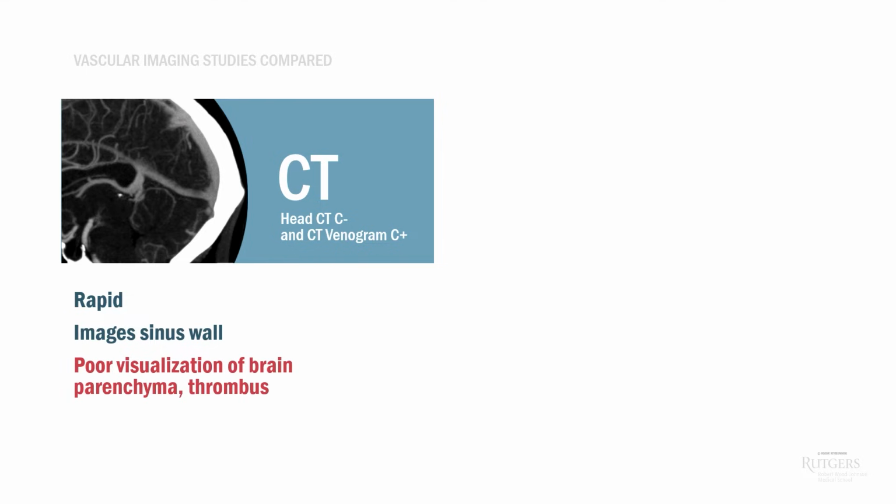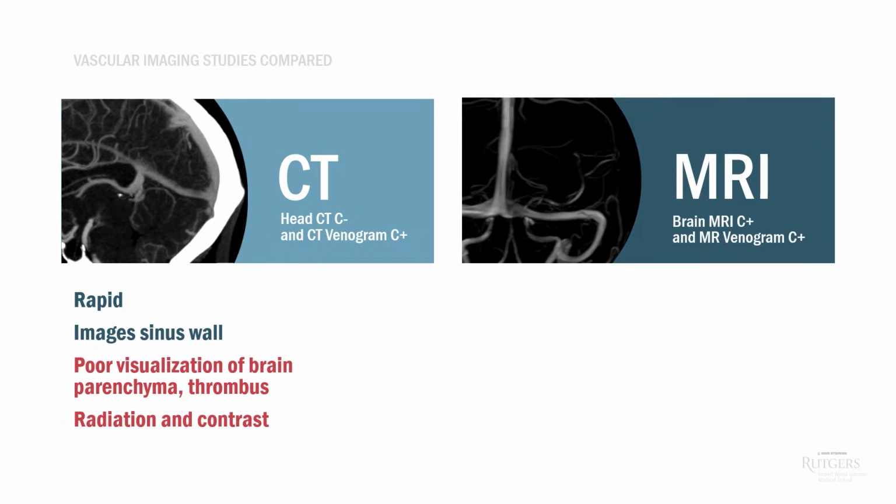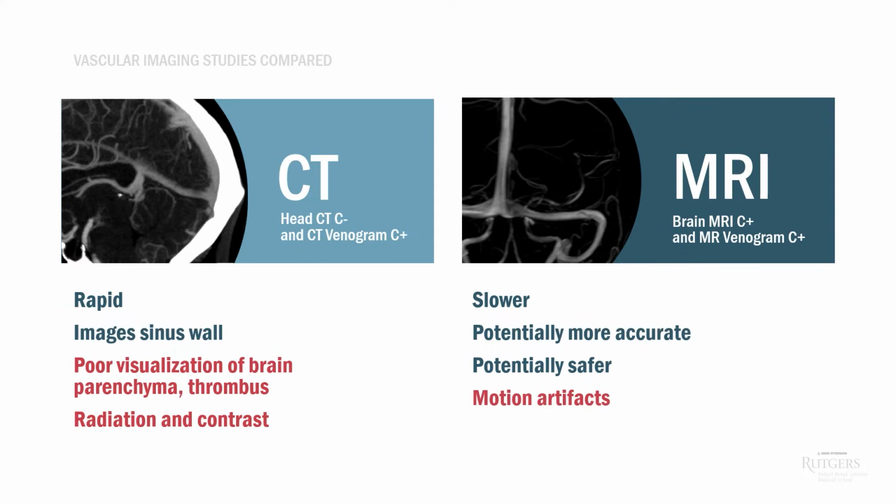And CT has potentially harmful radiation and contrast. Brain MRI and MR venogram with gadolinium are slower, but potentially more accurate, and potentially safer. MRI requires patient cooperation to avoid motion artifacts, and may be contraindicated in patients with body metal, like medical devices.